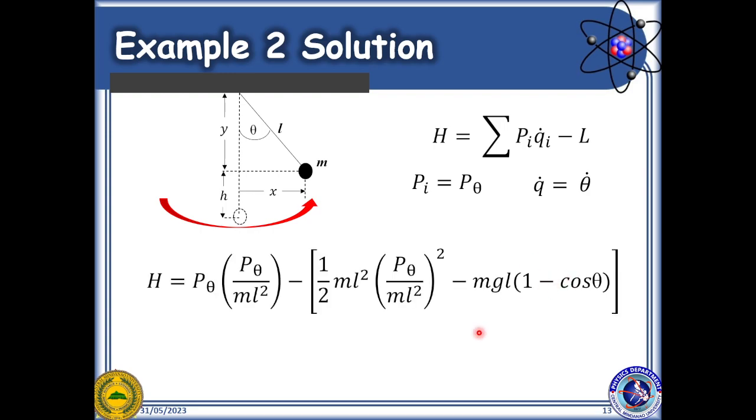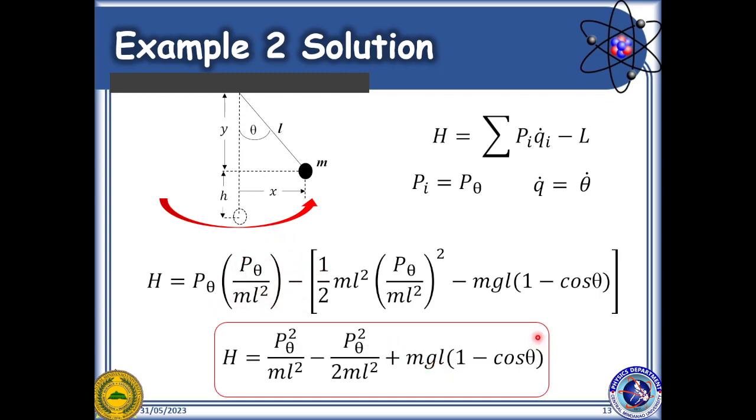So we have H is equivalent to, as we did in the previous example, we need to retain the generalized momentum p theta and just plug in the equation for theta dot. We already obtained the equation for theta dot in the previous slide, so we just plug it in here.